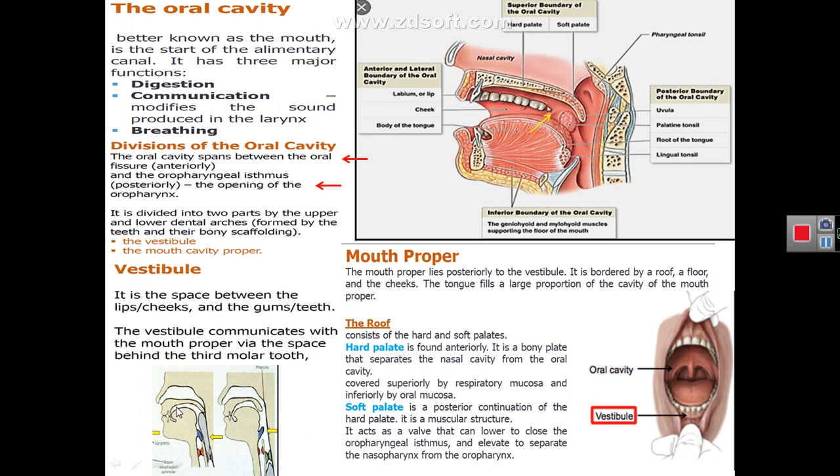And so the swallowed bulk of food will pass downward and is prevented from passing up into the nasopharynx because the soft palate is elevated to close the junction of the nasopharynx with the oropharynx. And also the soft palate could be depressed down to close the oropharyngeal isthmus during chewing and swallowing.